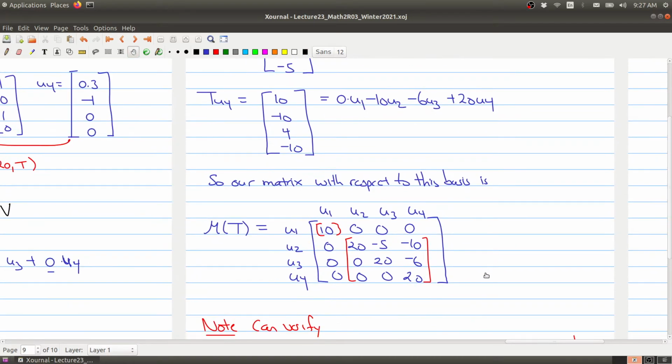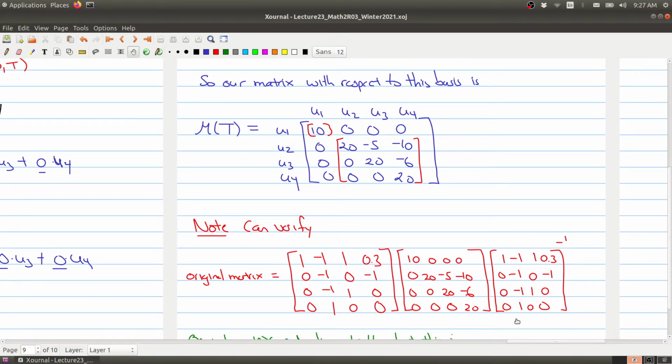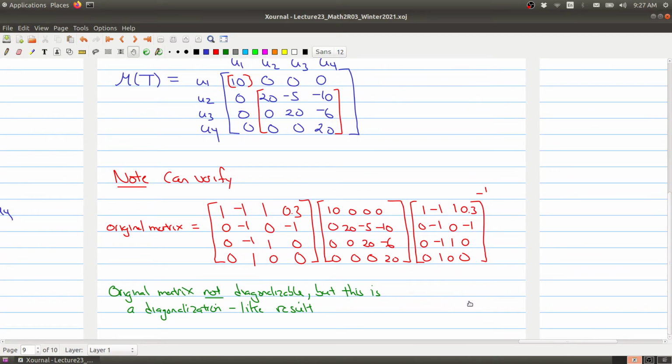Okay, and I just want to point out that you can actually see the original matrix here by combining a lot of these pieces of information. Notice that here is the basis of C4 that we used to find this matrix right here.